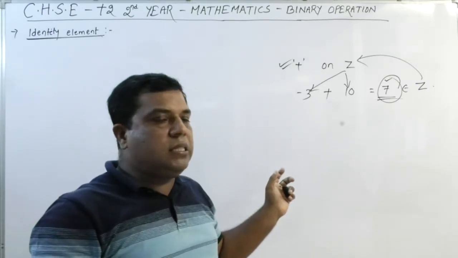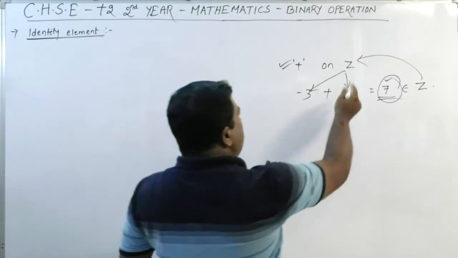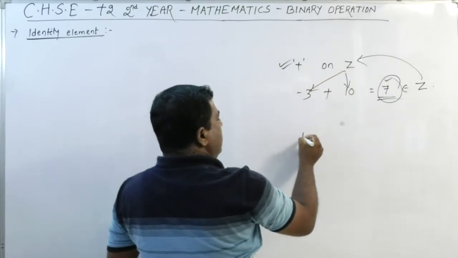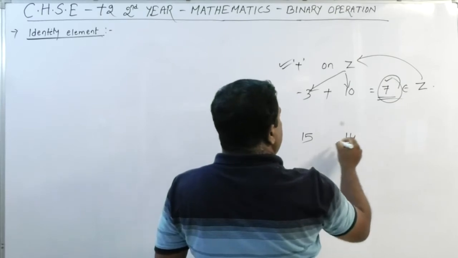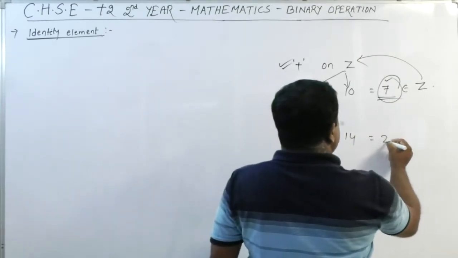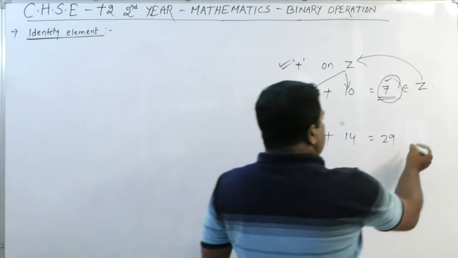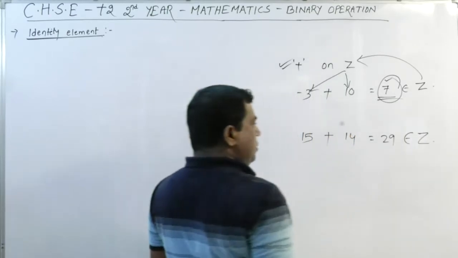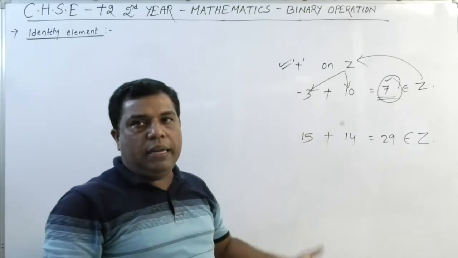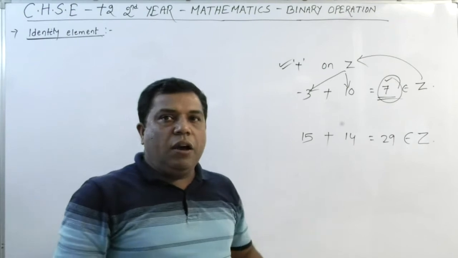Now you can verify with some other examples also. Let us take two elements from Z, let one be 15 and another be 14. If I add them, I get 29. Is it belonging to Z or not? Obviously it is belonging to Z, the set of integers. So we can say this addition is a binary operation.